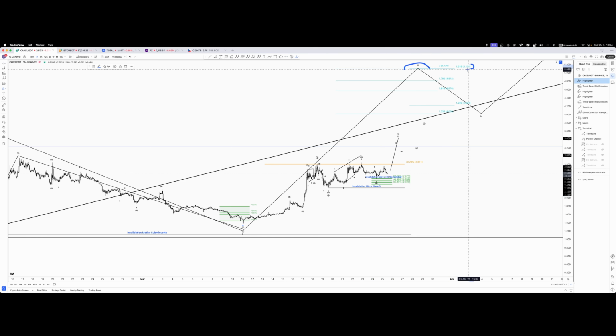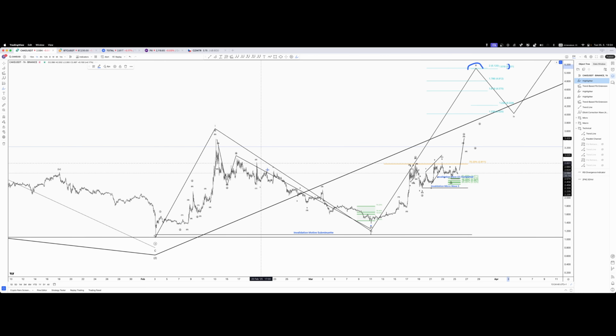You have an impulse that started and that has the same target for wave 3 as the impulse of a much higher degree. So this $5.10 is a level of confluence. Two different wave counts, two impulses of different degree, have the same confluence level for wave 3.